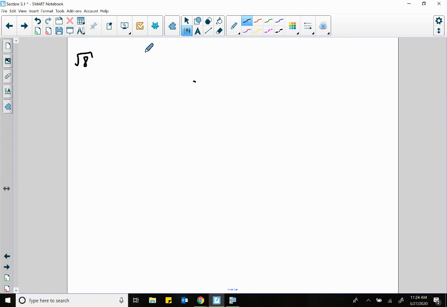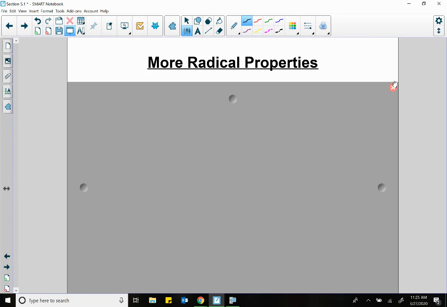My first method, method number 1, is what I call good child, bad child. What we're going to do with this square root of 8 is use a property, the last property I'm going to show you.